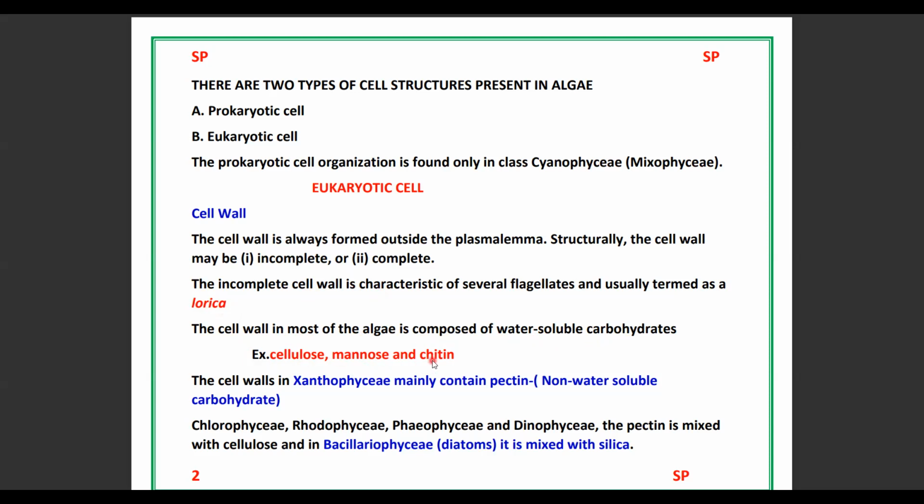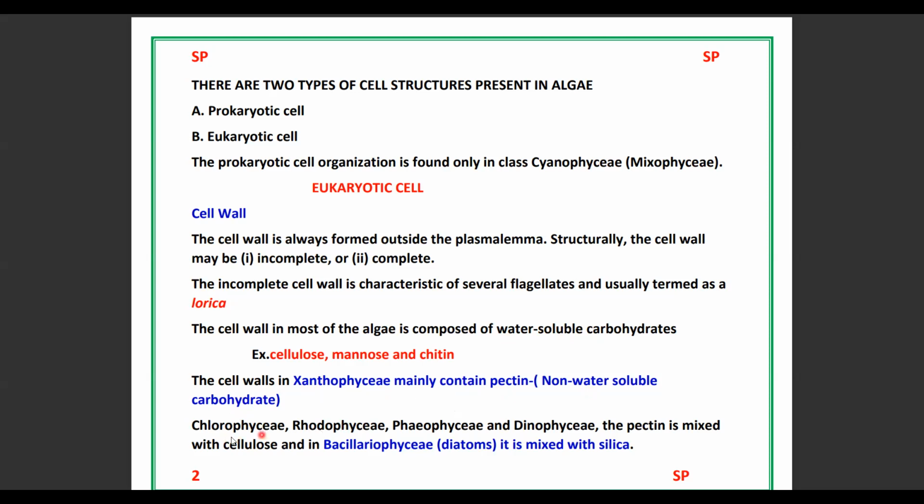Cellulose, mannose, and chitin are the water soluble carbohydrates. The cell wall in Xanthophyceae mainly contains pectin. Pectin is the non-water soluble carbohydrate.